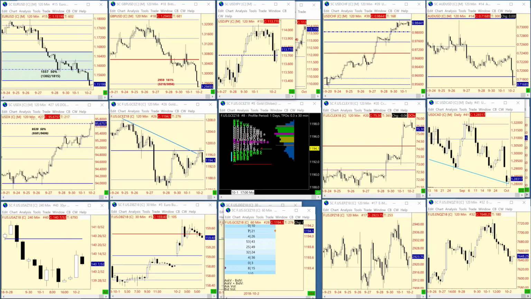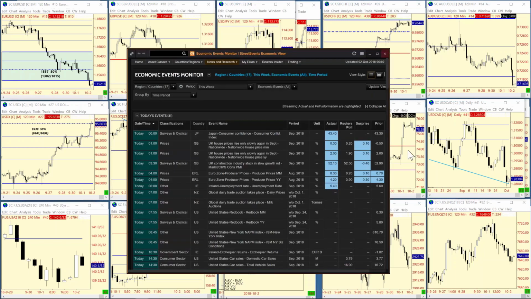Let's take a look at what's coming out today for events. So we did have UK housing prices rise only slowly again in September.